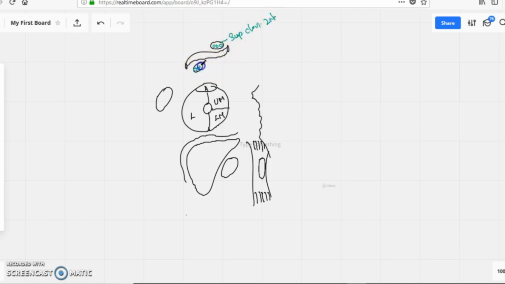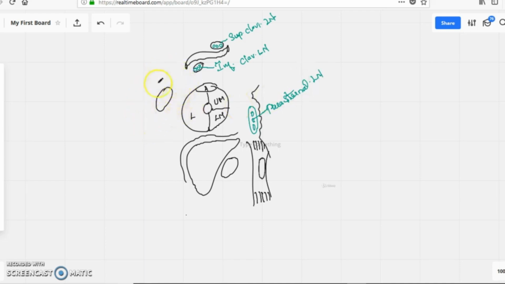In the same way, we will have another set of lymph nodes present below the clavicle. We can call those infraclavicular lymph nodes. And then we will have the lateral border of the sternum. Again, there will be some collection of lymph nodes present, which we call parasternal lymph nodes, present on either side of the sternum. So we are calling them parasternal lymph nodes.